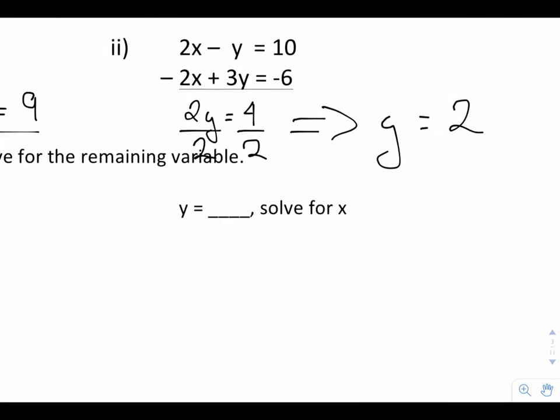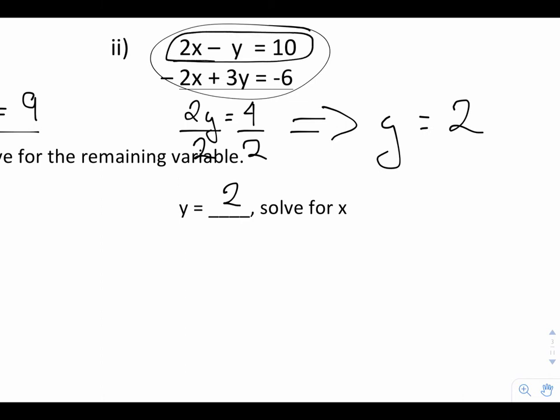Similarly, over here, we have y equals 2, and I want to solve for x, so I can pick either of the two equations that were initially given to me. Rule of thumb, try to pick the one that has less work, in the sense that it has smaller coefficients. I think this would probably be a wiser choice, because the y doesn't have anything attached to it other than negative 1, which is easy to work with.